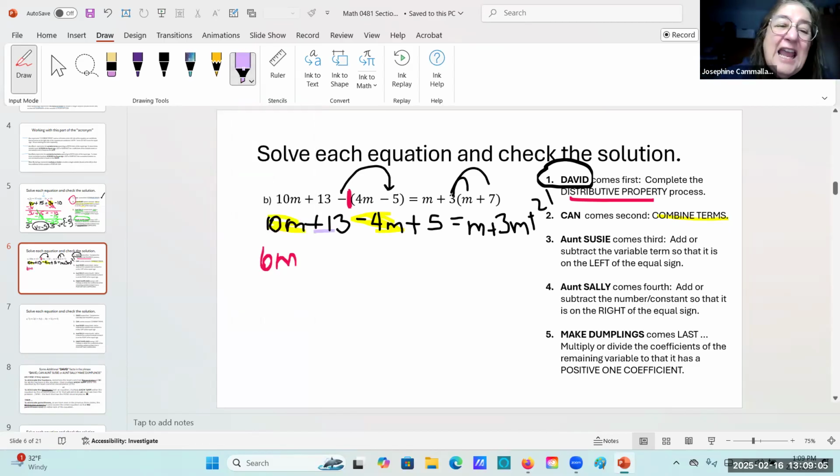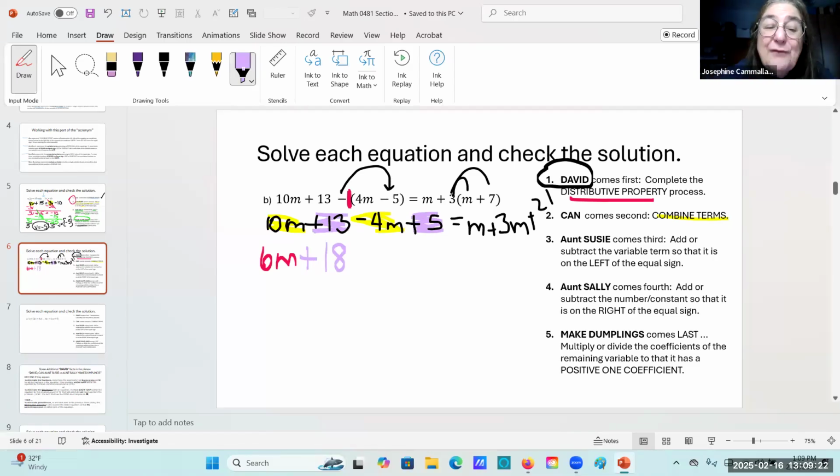But I have a positive 13 and a positive 5. They are still on the same side. This is giving me positive 18.